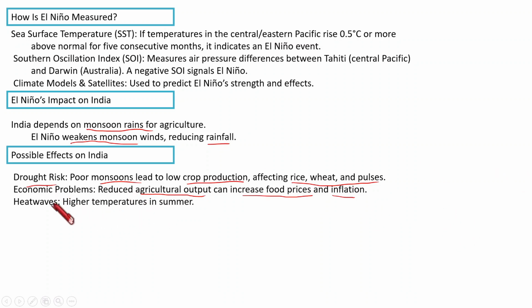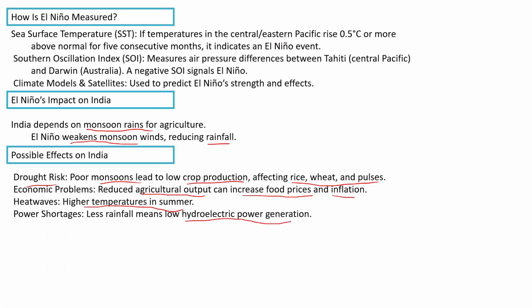Heat waves means high atmospheric temperature for a continuous, prolonged period. Heat waves will be more frequent in India because of El Nino. Then, as the temperature is high and rainfall is low, the efficiency of hydroelectric power generation will reduce and power shortages will occur.